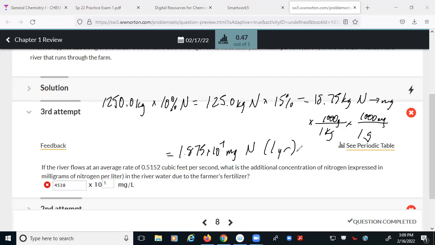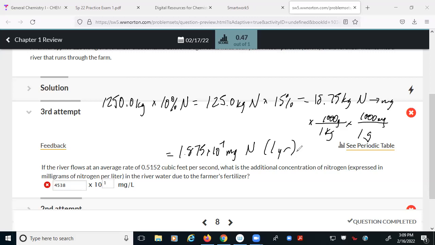The other component of this is we have to do the conversion from cubic feet to liters. And then we have to calibrate that to 1 year's time as well.